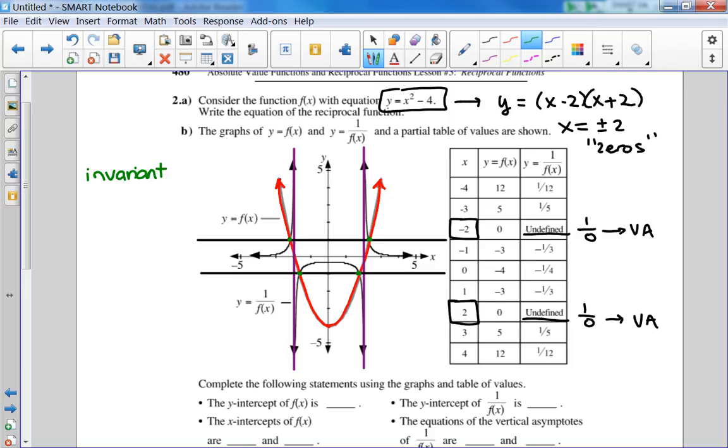Okay. What's another interesting point is just to see what's happening. What is the value of the vertex here? 0, -4. So what's the reciprocal of -4? A quarter, right? So where is 0, a quarter? Right here. Do you see it? 0, quarter.